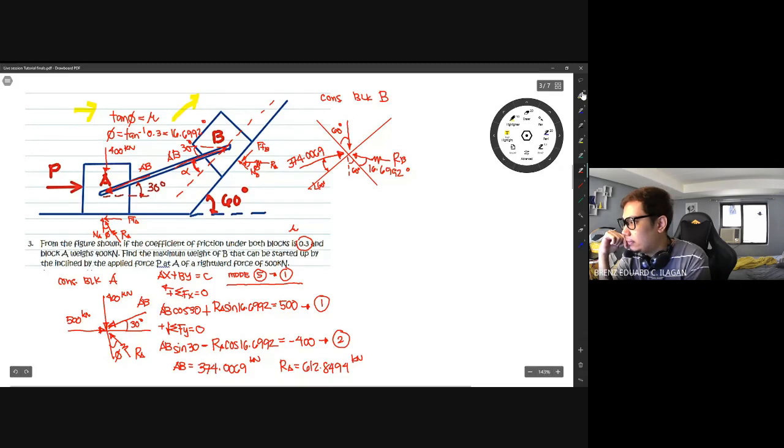Sige, pakita na natin. Ito kasi, di ba 30 degrees yan. So kung yung Z component, kapag nag-Z ka, ayan. So kung 30 to, ito 30 din. Tama? Kaya nung gumawa ko dito ng axis, ayan.